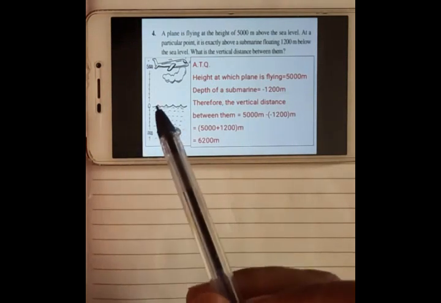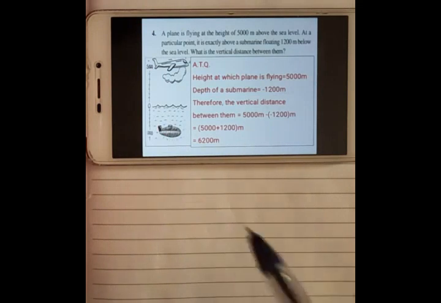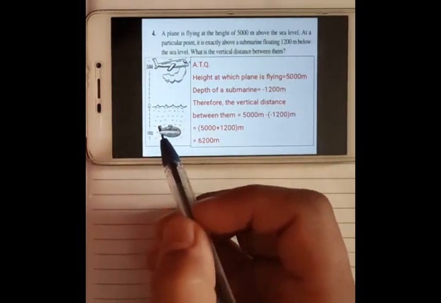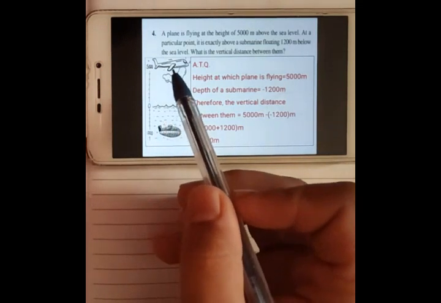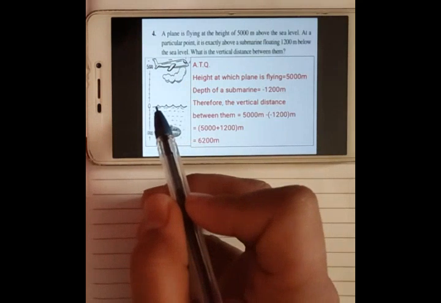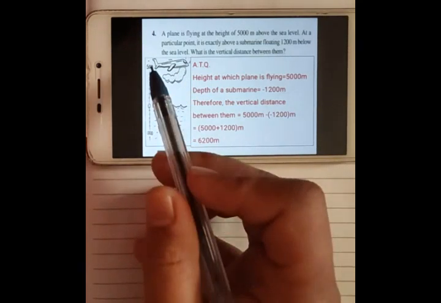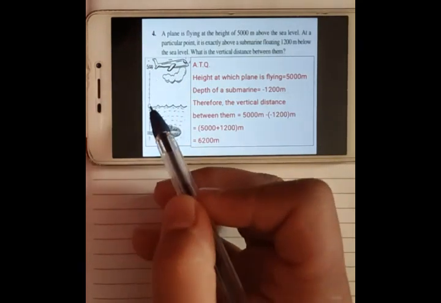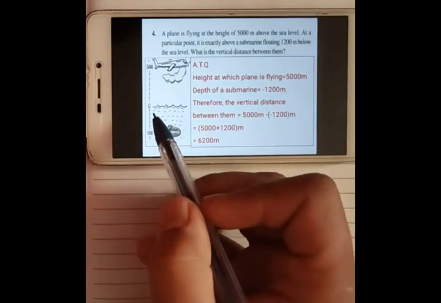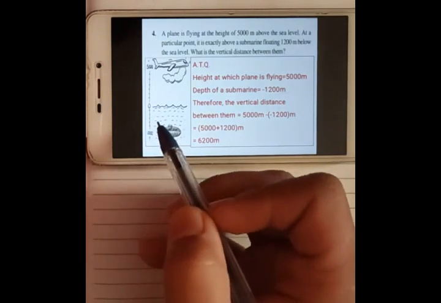I have attached the figure also in which it is given in the book. So what they have given is a plane is flying at the height of 5,000 meters above the sea level. This is your sea level. Remember, this is your number line. Okay. So in the previous class also I made you understand how to determine the positive and how to determine the negative.